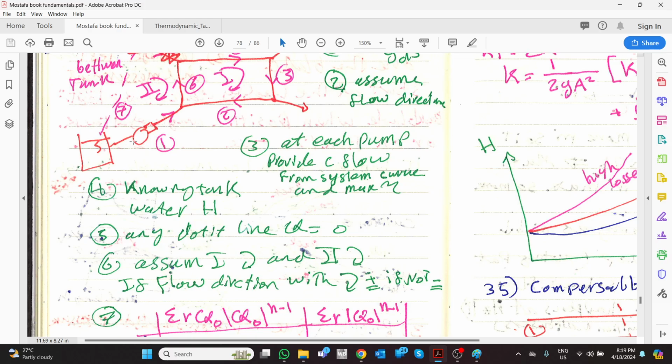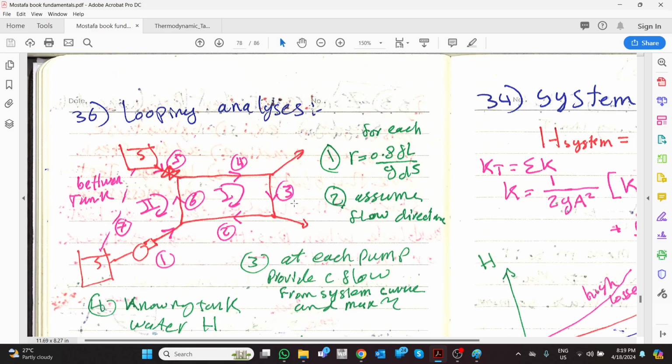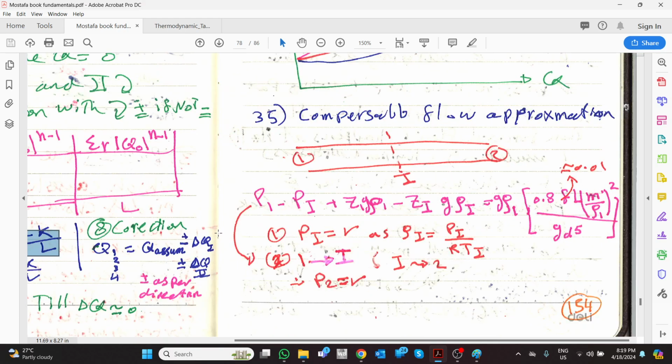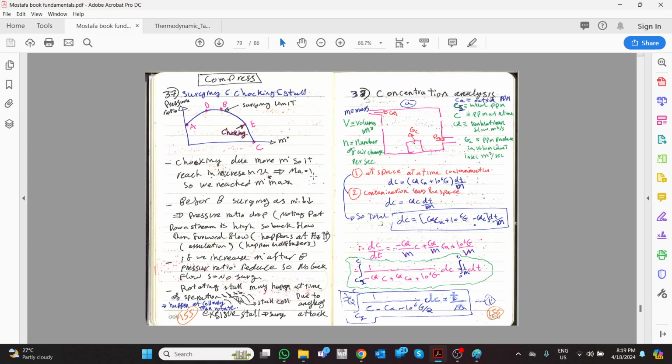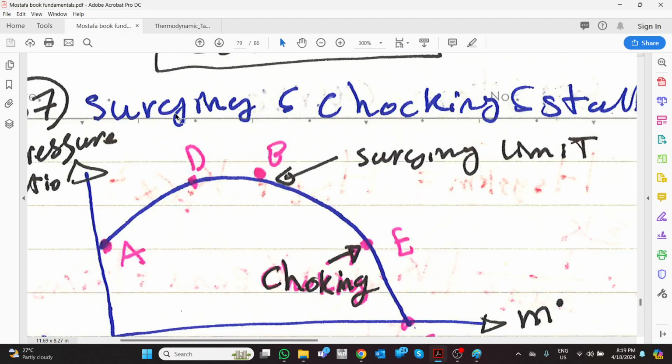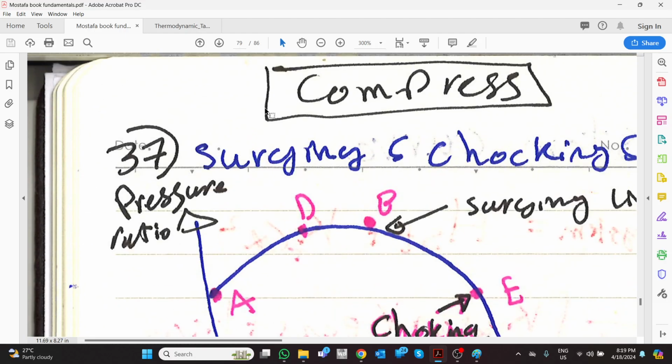Then you check whether the flow you already stated for the pump is correct or not. If it is correct, voila. If not, there is a new flow here, so you repeat the whole process again. It is a lengthy procedure. That's why it is better to do it with hydraulic modeling. Now we are going to discuss the compressor itself.